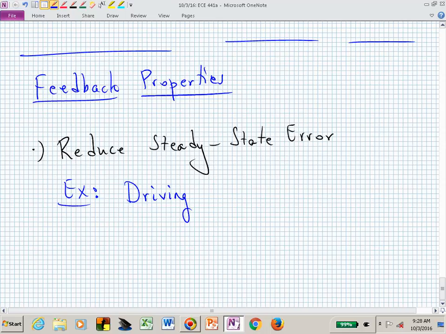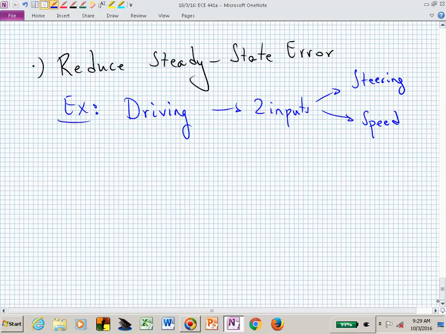Hopefully you're not going 55 in a 25, because then you won't be in class. You'll be pulled over waiting for something to happen before you can get released to come to class. But driving now has these two inputs, steering and speed, that allow you to reduce steady state error.